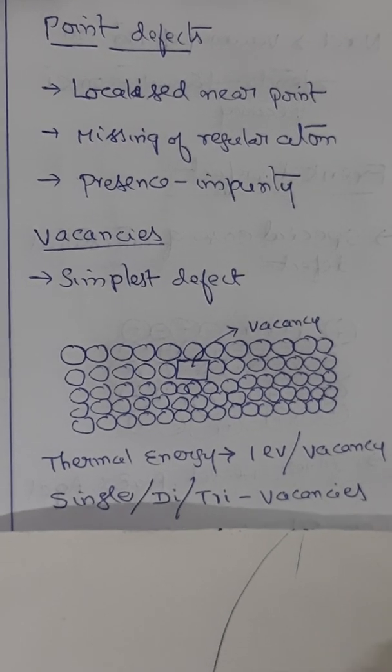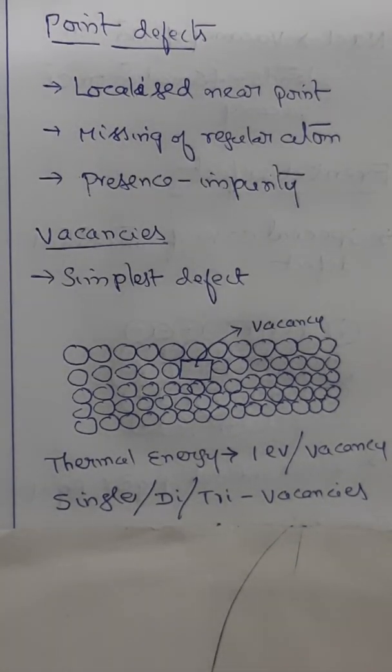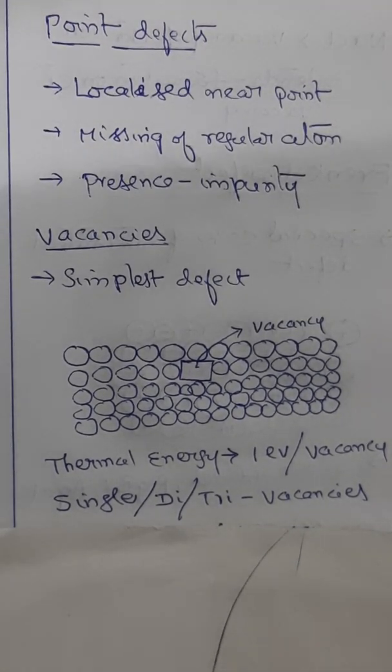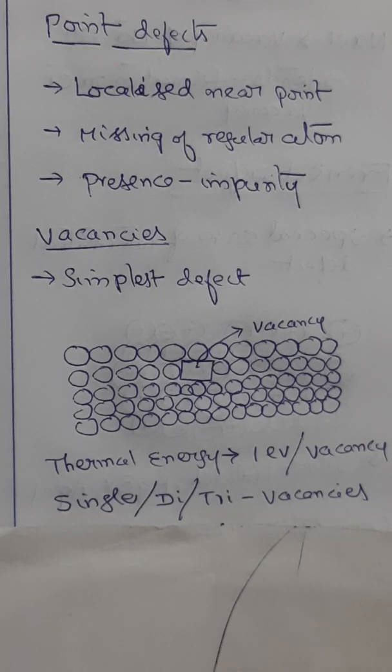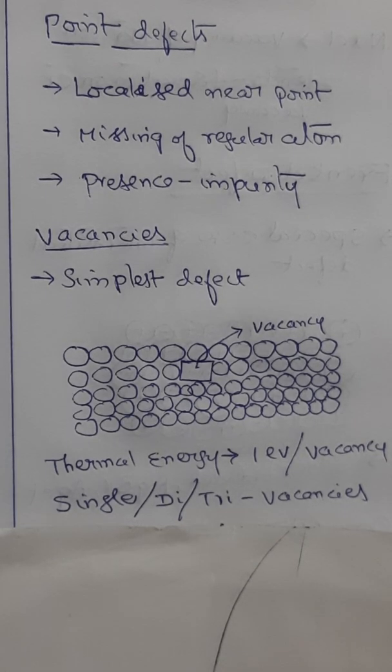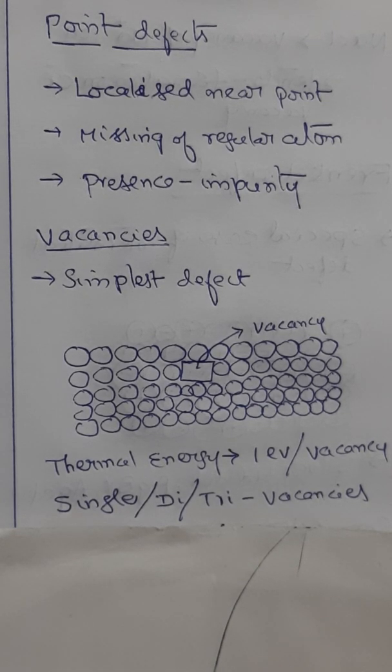Now let us understand what vacancy is all about. Vacancy is the simplest point defect in a crystal, and the most common one. The name itself is telling. It refers to a missing atom at its site.